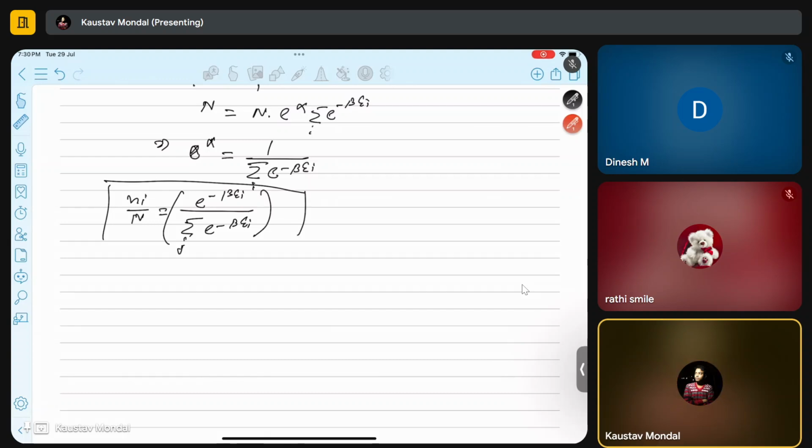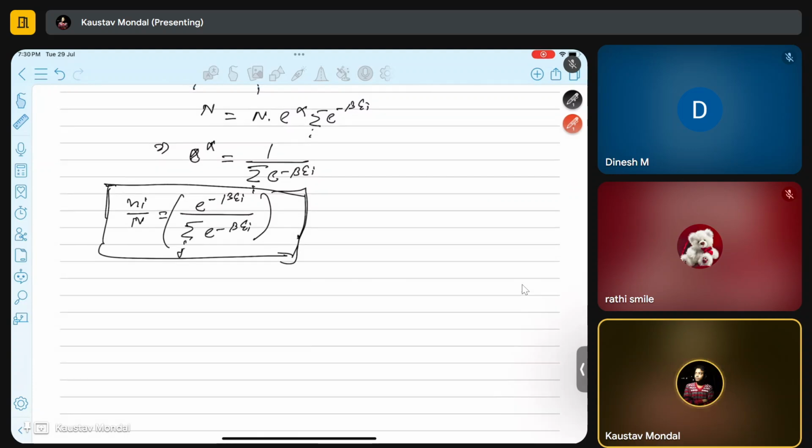This is the most probable configuration, and this distribution is known as the Boltzmann distribution.